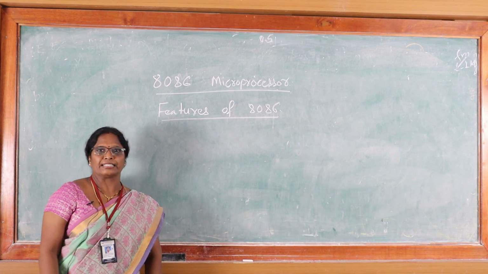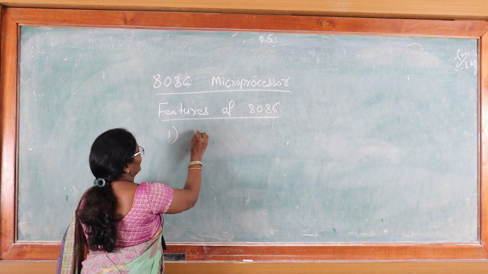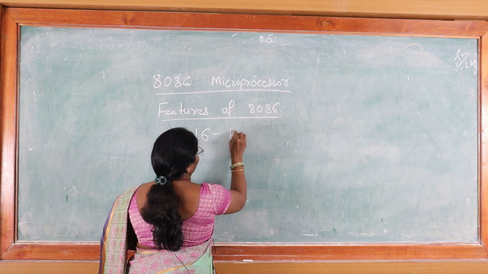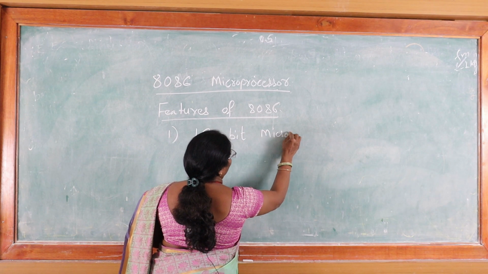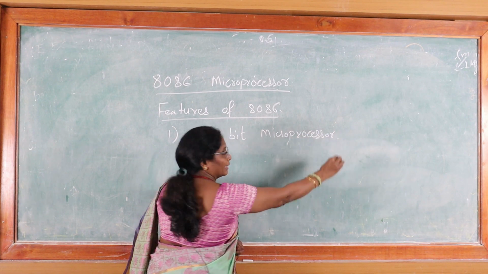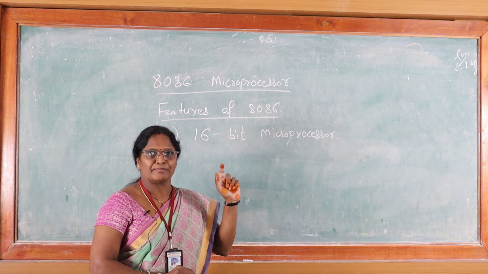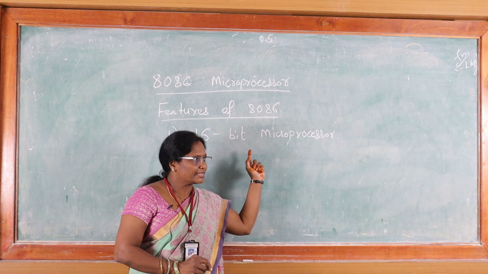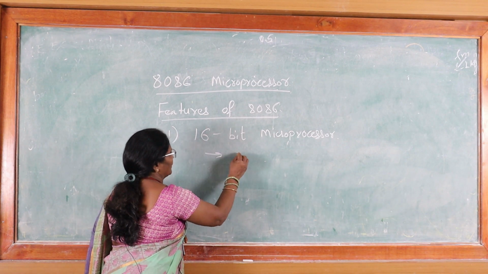Features of 8086. So the first feature of 8086 is it is a 16-bit microprocessor. So what is the meaning of 16-bit microprocessor? When we say it is 16-bit, it depends upon the size of the ALU.